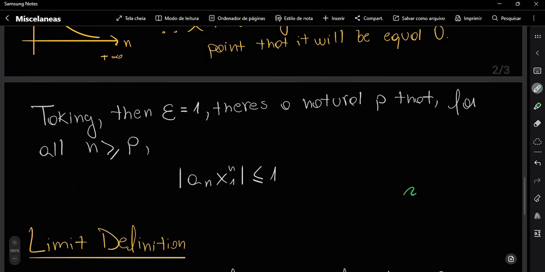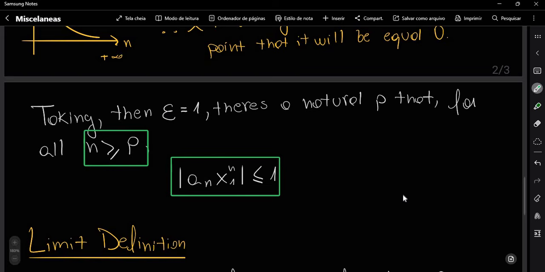Okay, so this is a way to tie this module, to control this module. So establish that epsilon is equal 1. We are tying the module to 1. We are controlling the module.